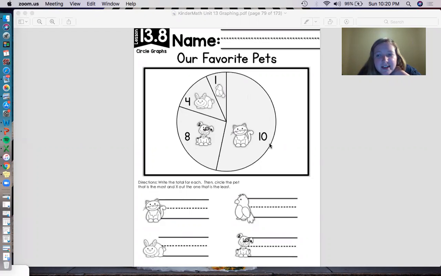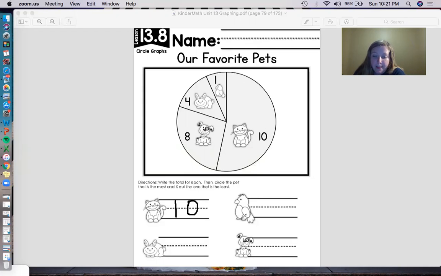How many liked that? What number is next to the cat? 10. So you're going to write 10 on the line. As you can see, like we just talked about, different pieces of the pie or pizza are smaller and bigger. Do you see how 10 kids like the cat? That piece is going to be really big because 10 kids liked it.